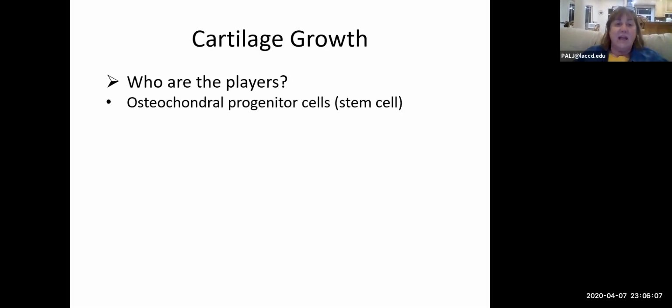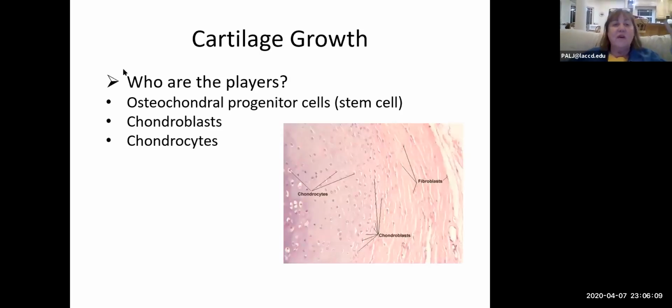And when it gets that chemical messenger, that osteochondral progenitor cell will become a chondroblast. So if you remember, that suffix blast meant that this was a slightly more immature cell. It's more mature than a stem cell, but it's not all the way to a cyte. So it's between the two. And what this does is it actively produces. It's the builder. Okay, so chondroblast is making new cartilage.